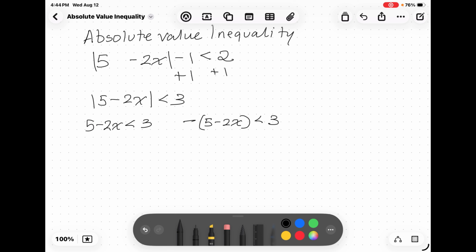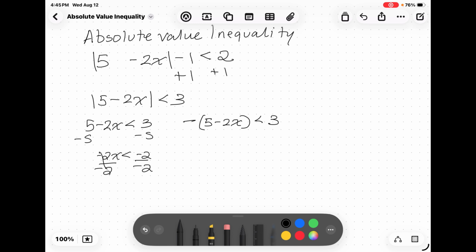Now, I'm going to solve each of these pieces. For the first piece, I'm going to go minus 5, minus 5. That's negative 2x is less than negative 2. Divide by negative 2.